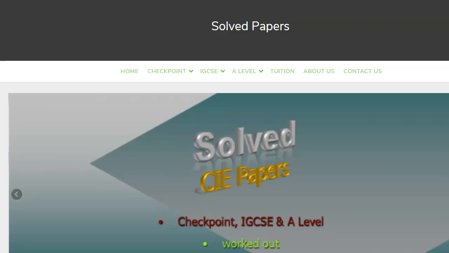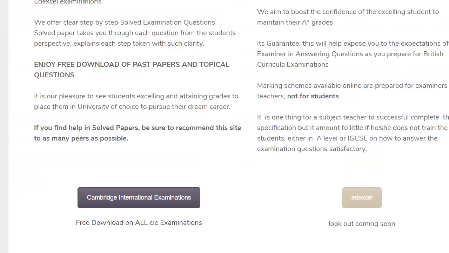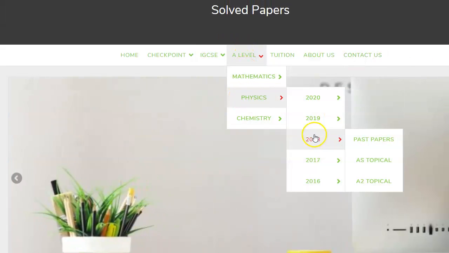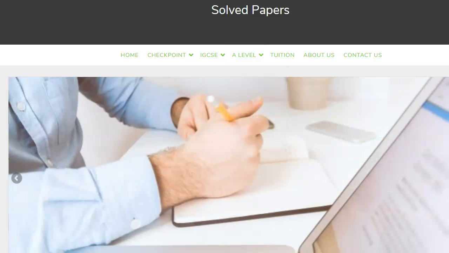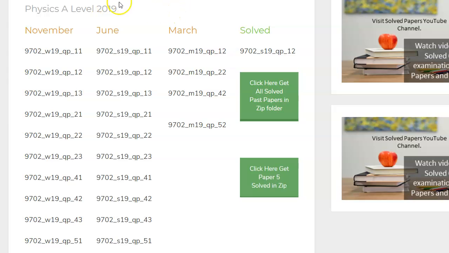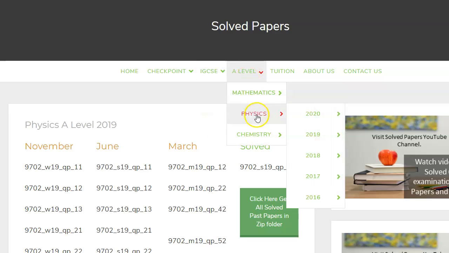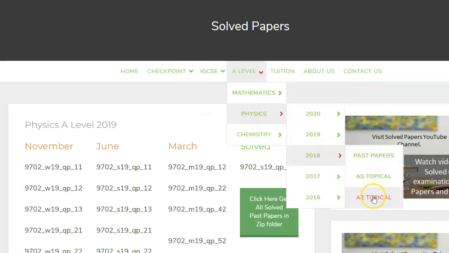Here I need you to come to A level, physics, 2018. These are 2018 paper, AS topicals. This is 2019, so A2, sorry, A2 topicals, not AS.